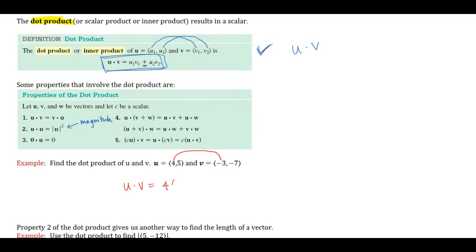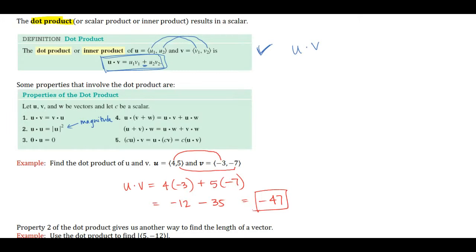So 4 times -3, and you will add that to 5 times -7. In essence, that's your dot product. You just clean it up. It's -12 minus 35, which is -47, and that is your dot product for u and v.